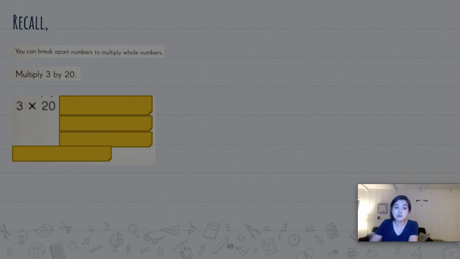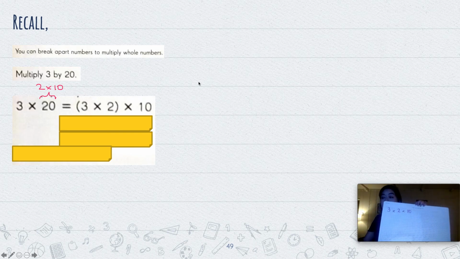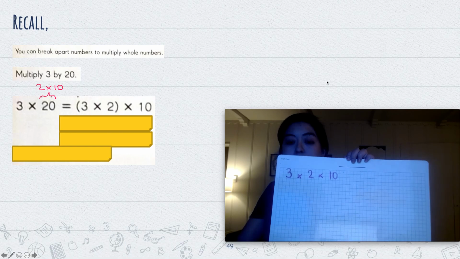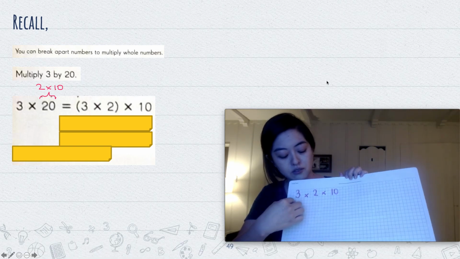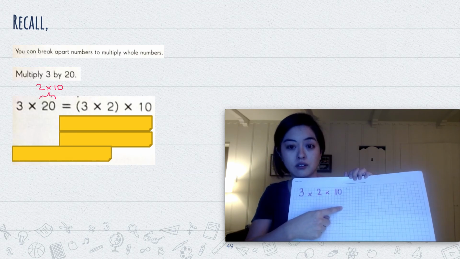So 3 times 20 is equal to, now it's the same thing as saying 3 times 2 times 10. That's the same thing as saying 3 times 20, right? Because 2 times 10 is 20, okay?